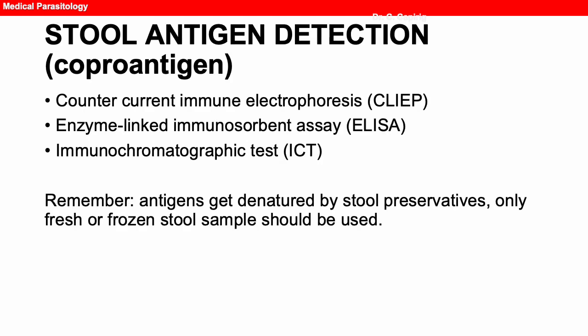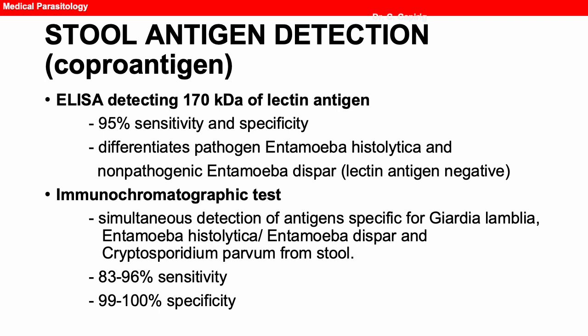For coproantigen or stool antigen detection, we can perform countercurrent immunoelectrophoresis, enzyme-linked immunosorbent assay, and immunochromatography test. Remember, antigens get denatured by stool preservatives, and only fresh or frozen stool samples should be used. ELISA can detect the 170 kilodalton lectin antigen.